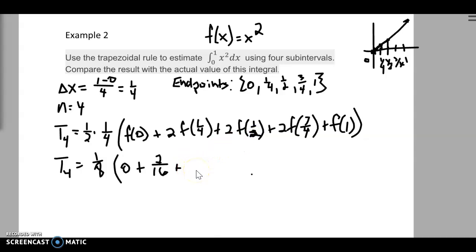So 1/4, 2 times 1/4, and then plus 2 times 9/16. Okay, plus 1 squared, 1 is just 1.